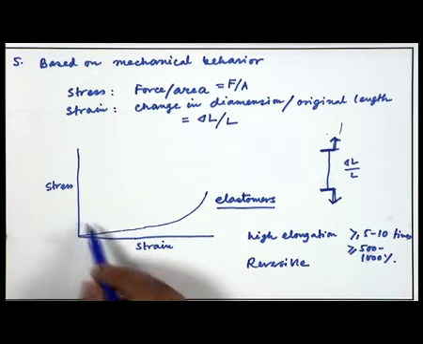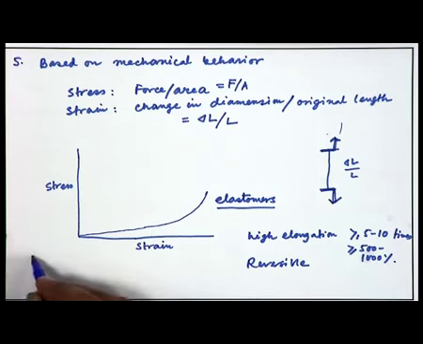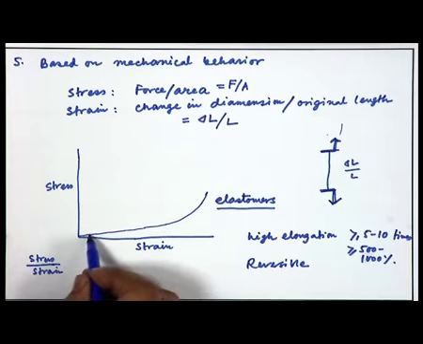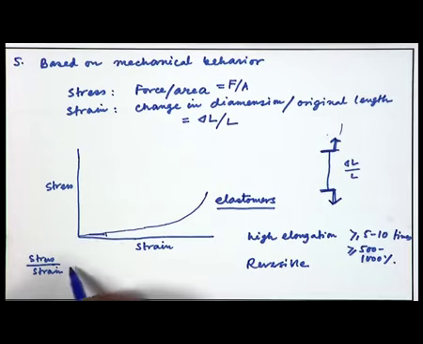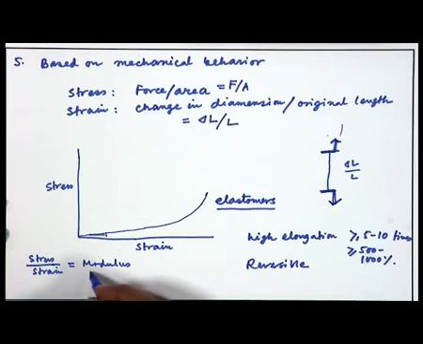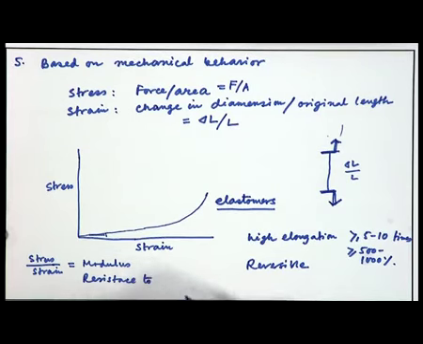The ratio of stress by strain at the initial part here is called modulus, which basically quantifies the resistance to deformations.